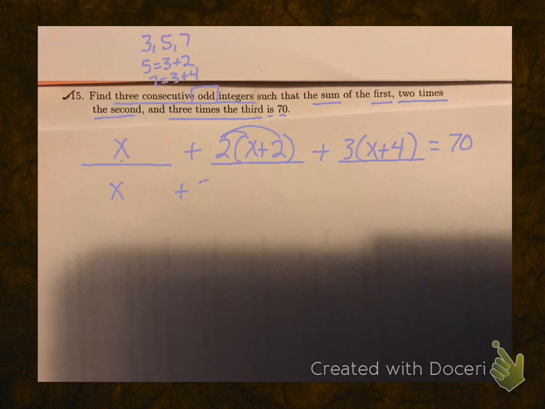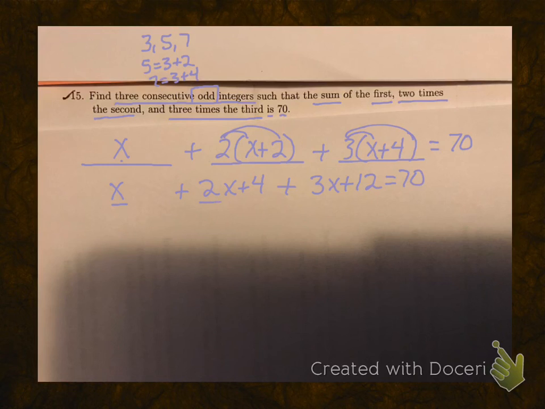I get plus 2x plus 4 is plus. Distribute my 3. That gives me 3x plus 12 equals 70.